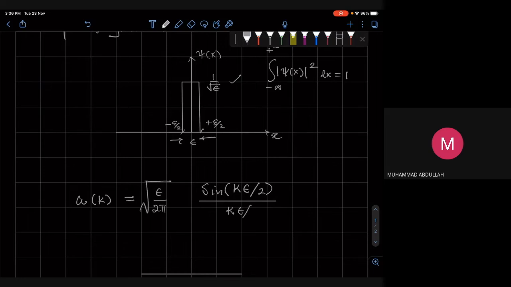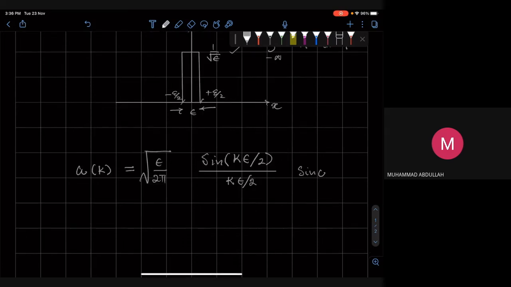And for good measure, we throw in a factor of epsilon by 2. But this factor is unimportant for the definition of the Sinc function. I don't know if it's called Sinc or Sinch. I think Sinc. So this is how it's spelled. So it's fairly easy.